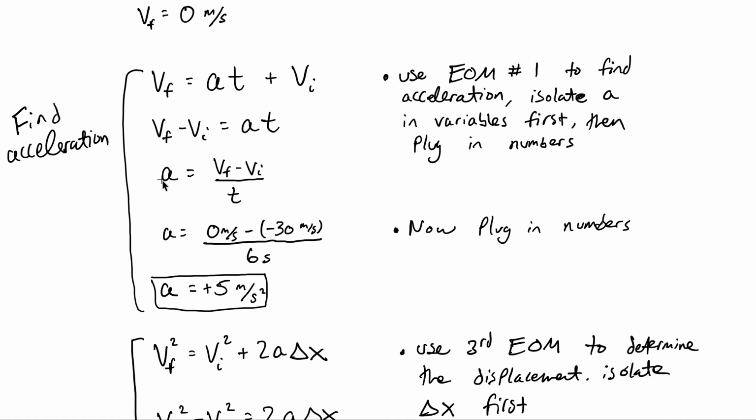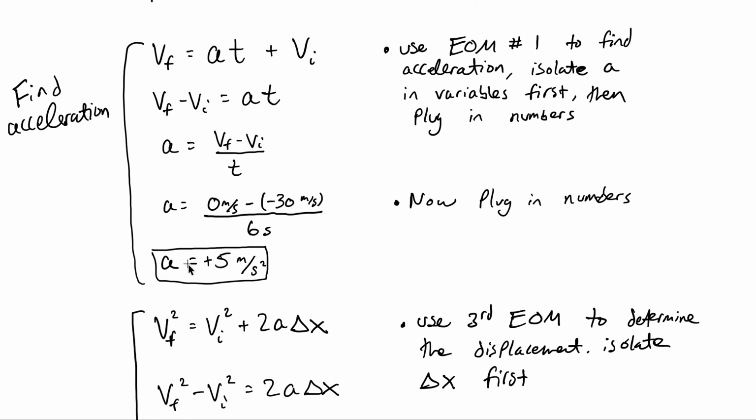All right, so now we have solved for our acceleration. It's the subtraction of our final velocity and our initial velocity, divided by the amount of time that has elapsed. And then I can plug in my numbers now. I do that with units to make sure I cancel out my units and everything works perfectly, and I get positive 5 meters per second squared. Watch out: a minus and then a minus here, and then you get positive 5 meters per second squared.